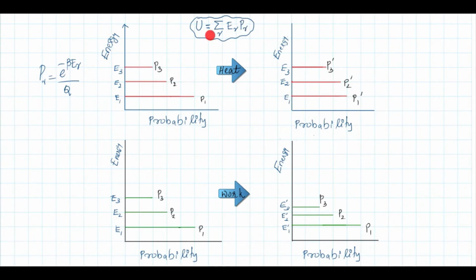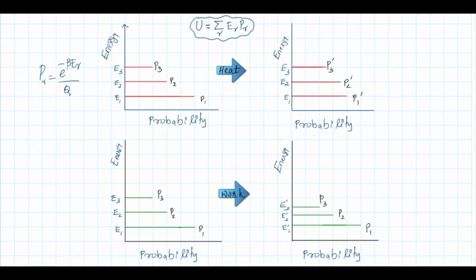But in plus 2 classes, we studied that we can change the internal energy of a system either by adding heat to the system or by doing work on the system. So now we will explain those things.